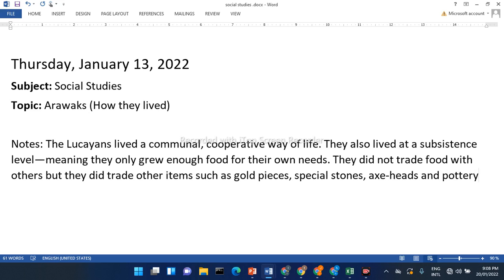So even though they did not trade food, they did trade other things, like gold pieces, special stones, axe heads, and pottery.